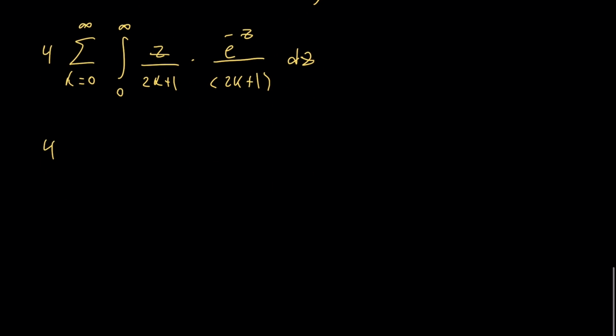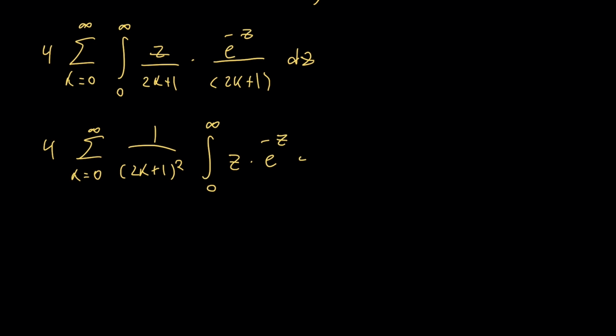So we now have this 4 times the sum from 0 to infinity, 1 divided by 2k plus 1 quantity squared, and we have the integral from 0 to infinity of z times e to the negative z dz. But this integral is just a gamma function at 2, which is just 1.